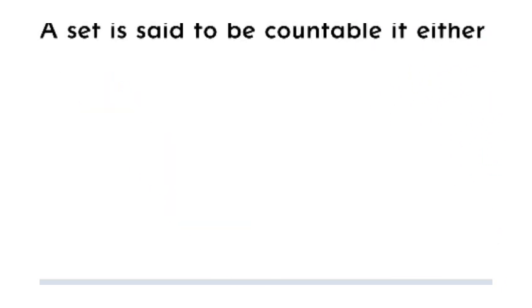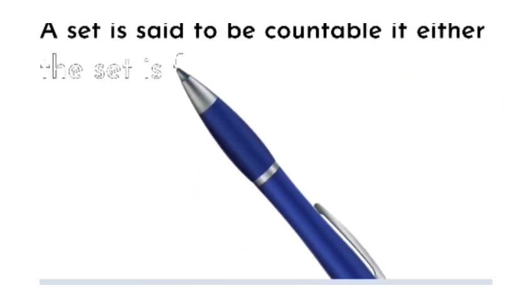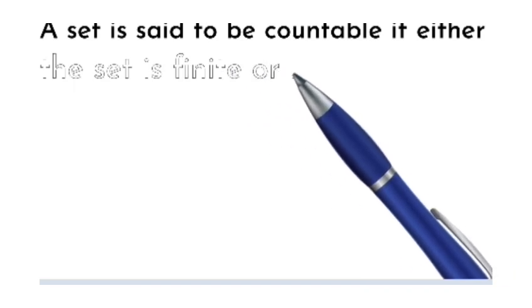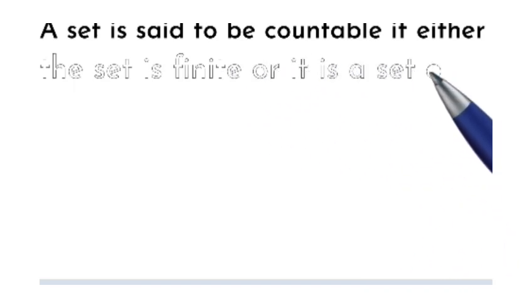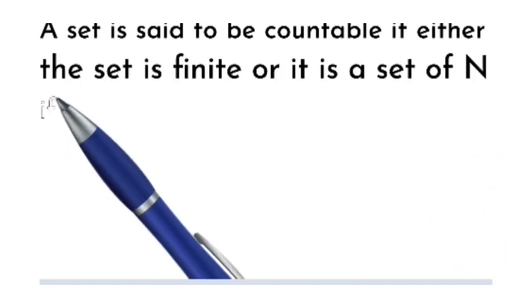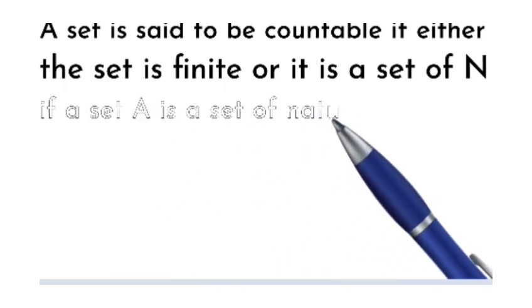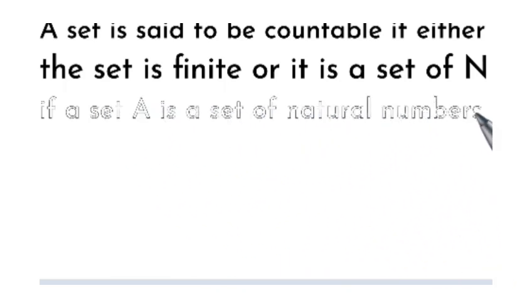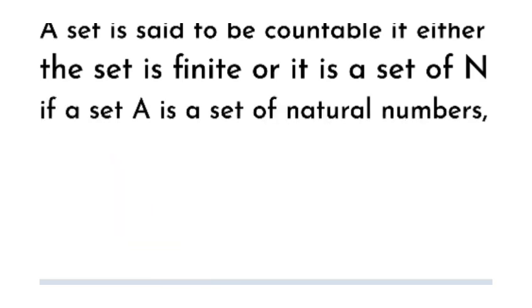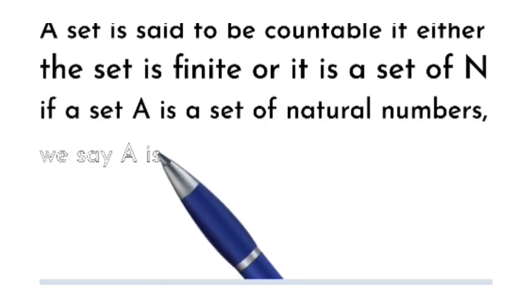A set is said to be countable if either the set is finite or it is a set of natural numbers, subscript N. When a set is a set of natural numbers, it means it is countably infinite.